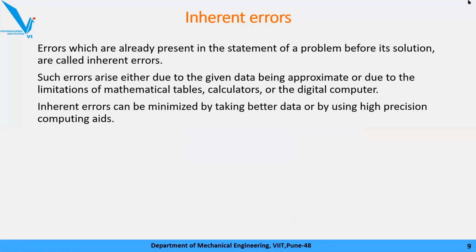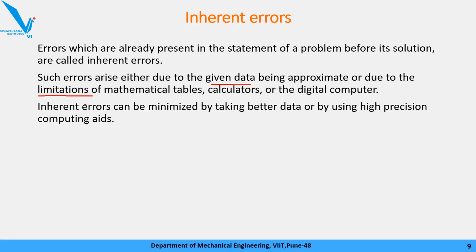We have seen the example earlier, where the calculator had a limitation. Inherent errors are the errors in the given data itself, or they might be due to limitations of a mathematical table, calculator or digital computer.